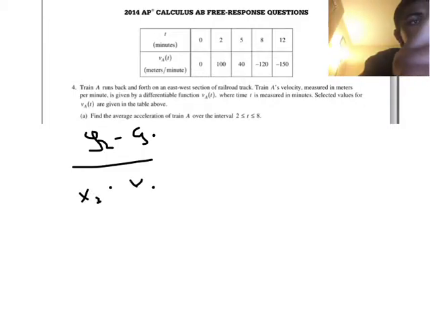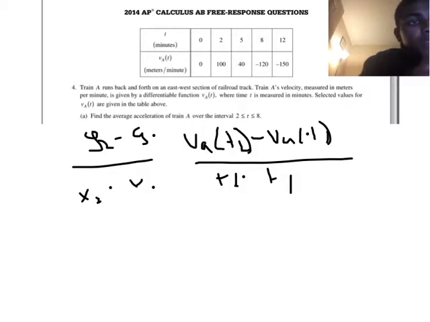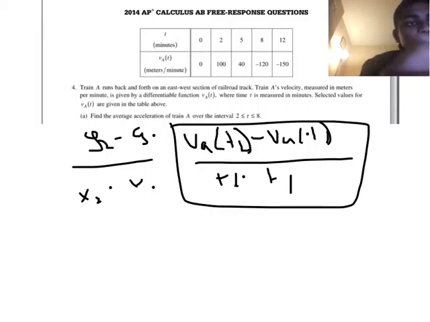In this situation, it's just going to be the same thing, but we'll write VA of t2 minus VA of t1 over t2 minus t1. Okay, this function here will give us the average acceleration of train A over the interval 2 less than or equal to t less than or equal to 8.